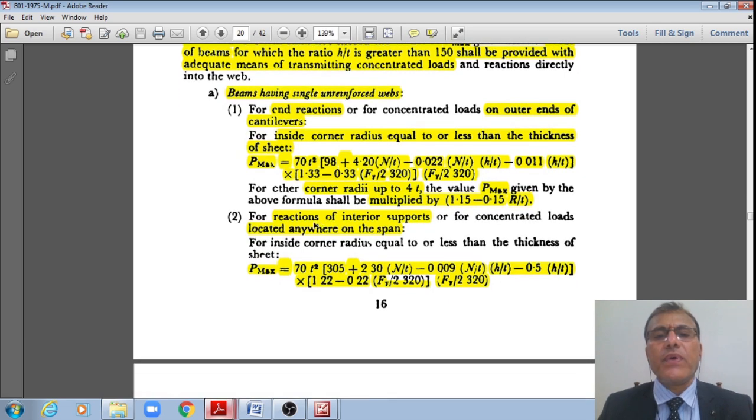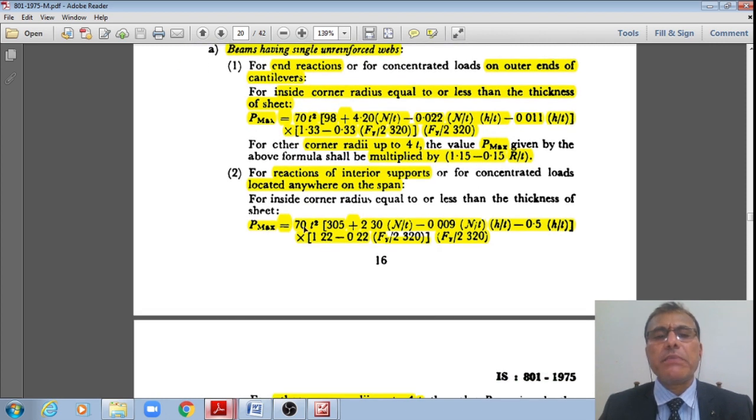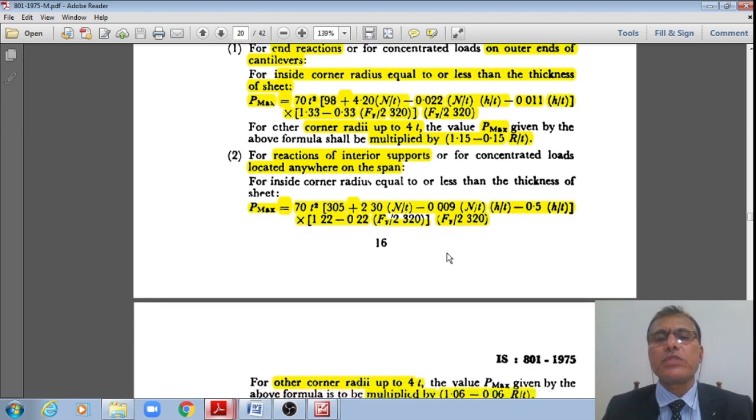Now next one, for reactions of interior supports located anywhere on the span, P maximum is given by 70 t square multiplied by [305 plus 230 n by t minus 0.009 n by t times h by t minus 0.5 h by t] multiplied by [1.22 minus 0.22 Fy divided by 2320] multiplied by Fy divided by 2320. Right?